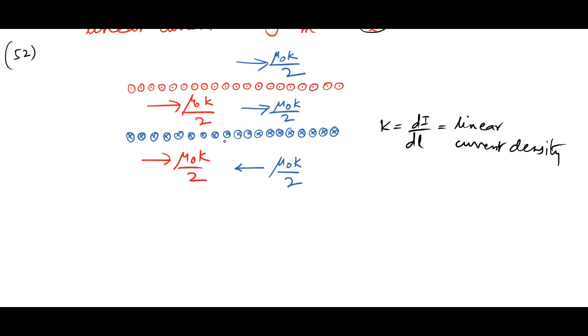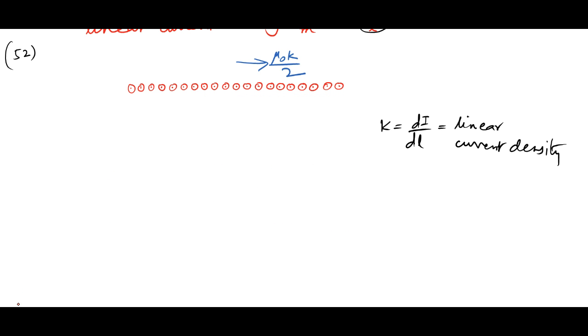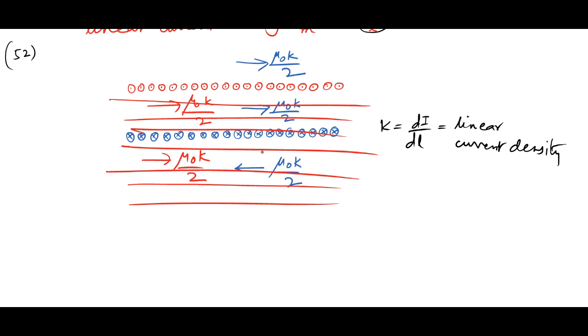So if you talk only about the contribution by the upper plane, the field contribution is uniform in this region, and it's equal to mu naught k by 2 towards the right.